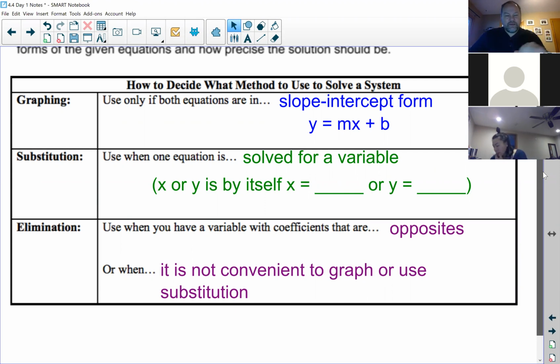It's also the method if it's not convenient to graph or use substitution, so elimination is kind of the catch-all. It can be used with just about any system, though there are times when it's not the most effective.